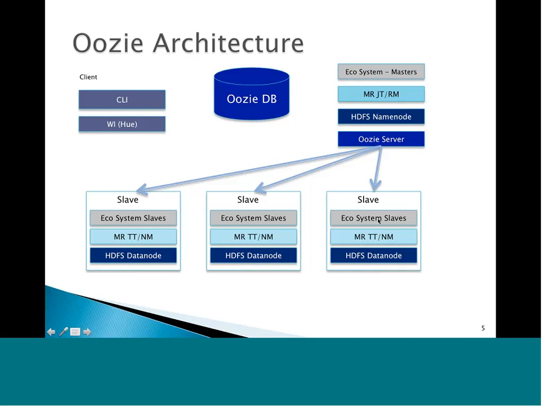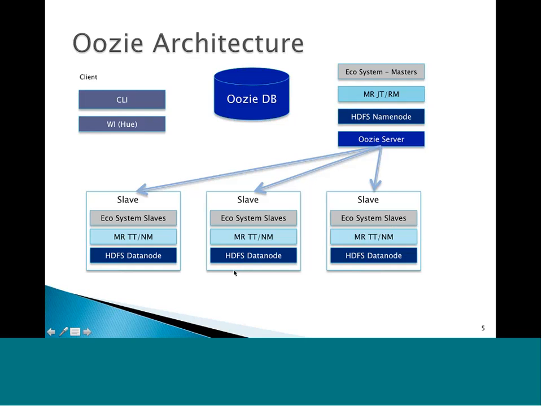And then you have ecosystem slaves if you are using non-MapReduce jobs. For example, if you are using Impala, the ecosystem slave for Impala will be Impala D. Similarly, if you use HBase, it will be the region server. So it can work on all these things.